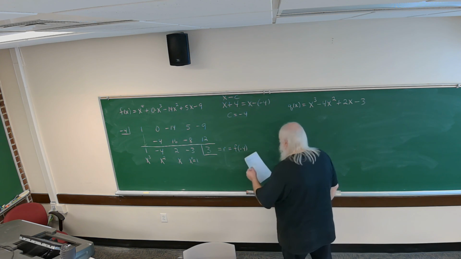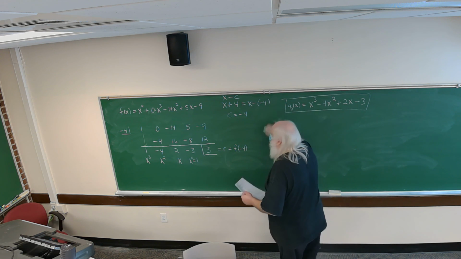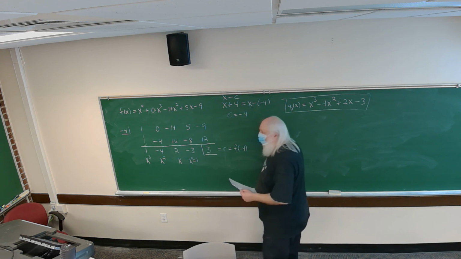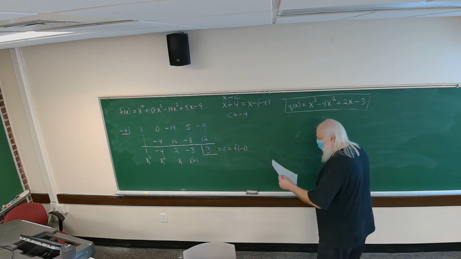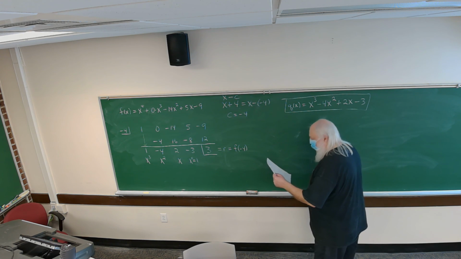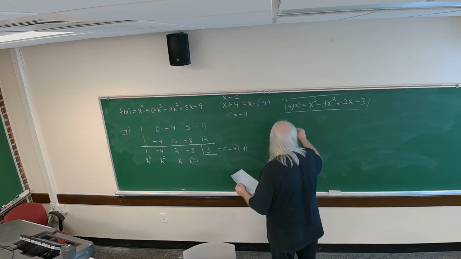Okay? So this is the quotient when you divide this polynomial by x plus 4, and the remainder R is equal to 3.